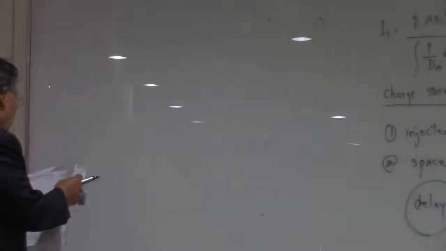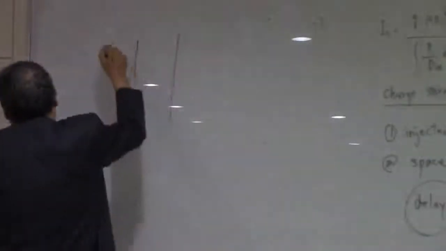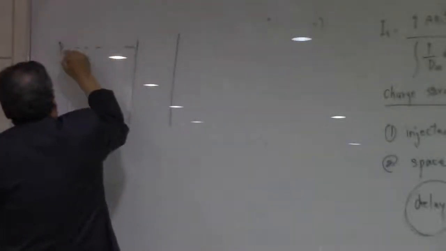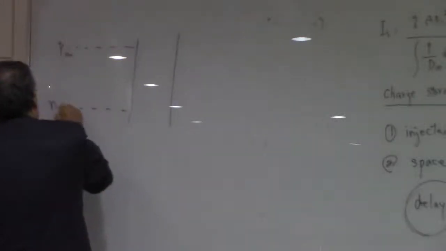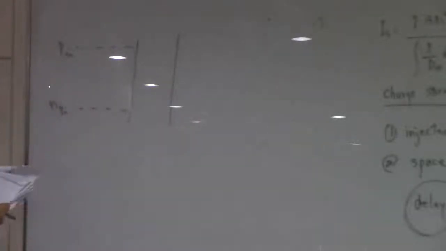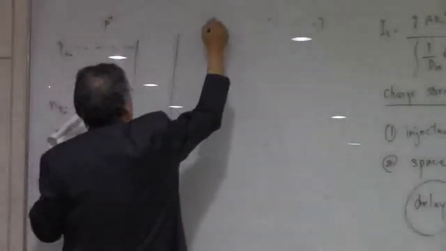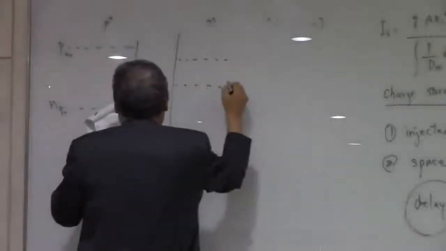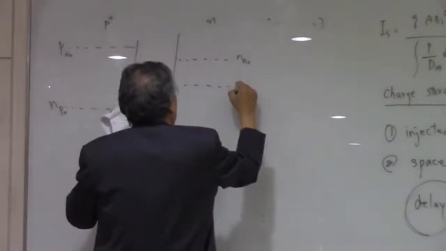the injected minority carrier charge means when you have emitter and base, the equilibrium values are going to be N P naught and P N naught, something like that, right? And then this is the P plus, and then this is the base, the N, and this lightly doped region, of course, it is N naught and P N naught, something like that, okay?